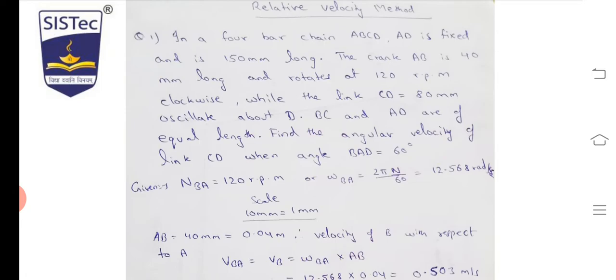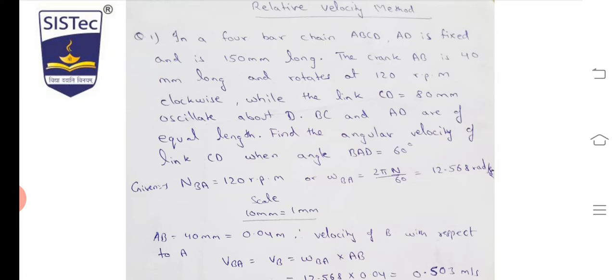Today we will be discussing the method to calculate velocity by the relative velocity method. We will be solving a numerical: in a 4-bar chain ABCD, AD is fixed and is 150 mm long.